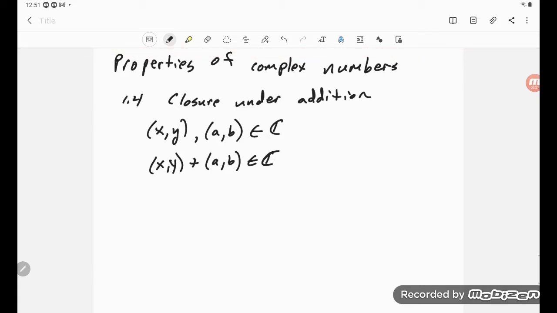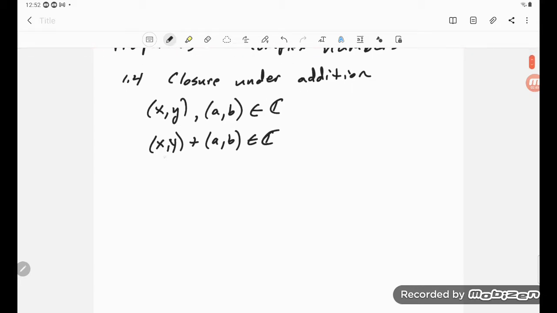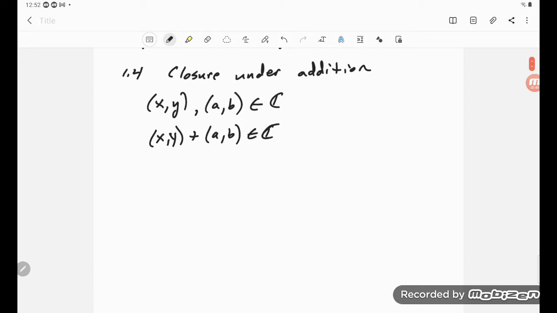And now the idea to prove this, well, you have to use the definition. And so what we know is that to be a complex number, I have to write it as an ordered pair where each element of the ordered pair is a real number.